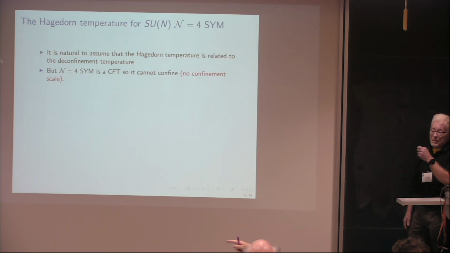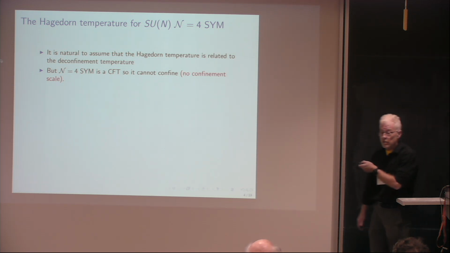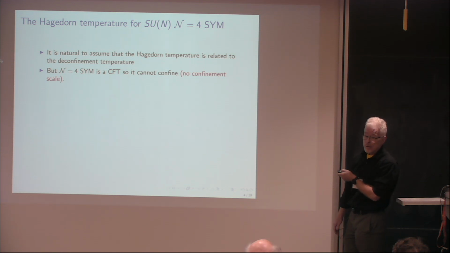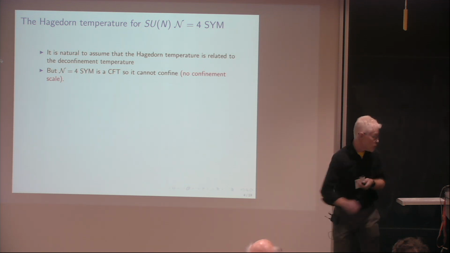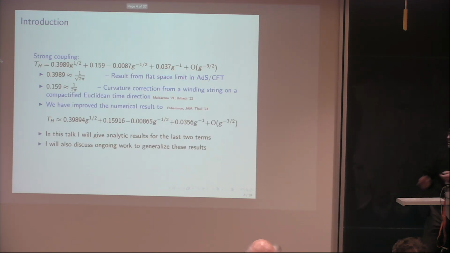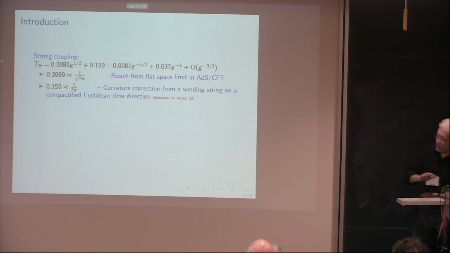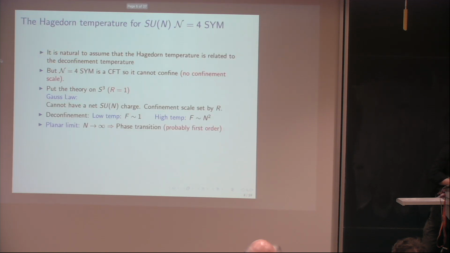How well do these large and small g expansions match each other in the middle? Sorry, these graphs I showed here.